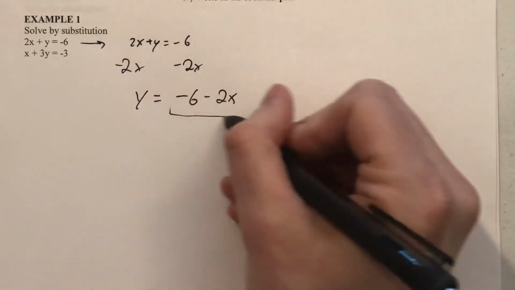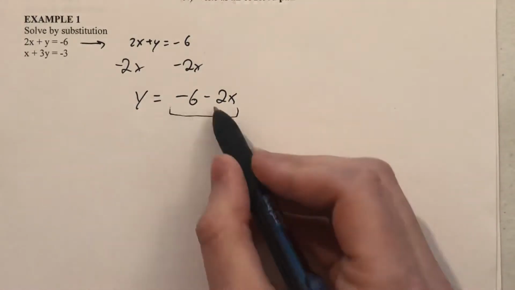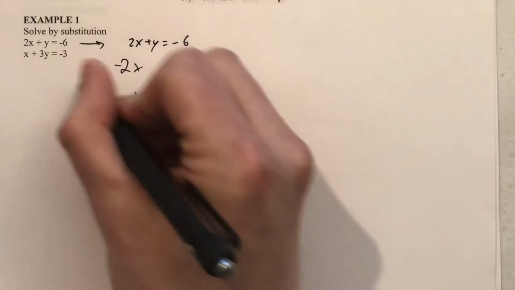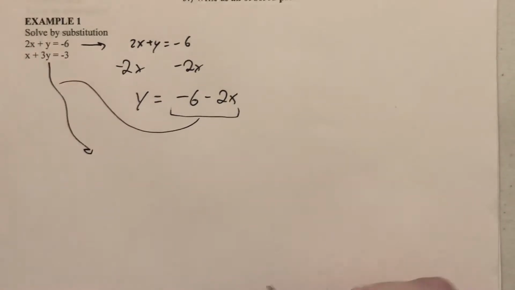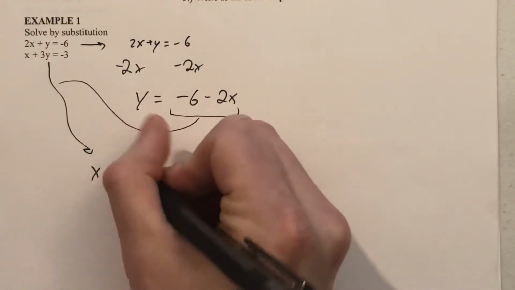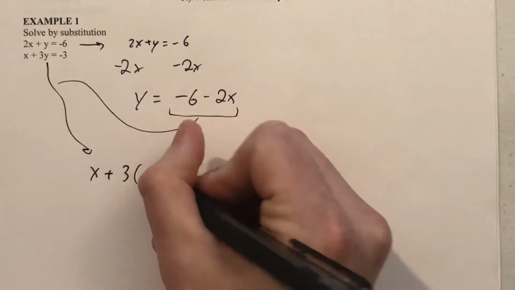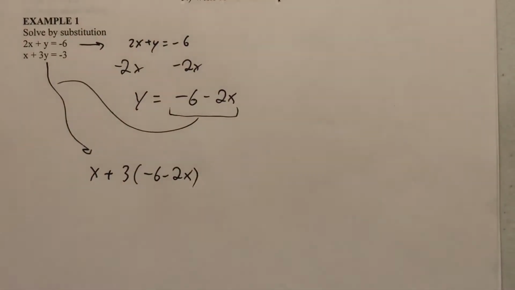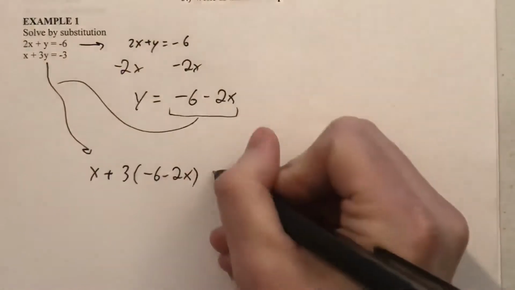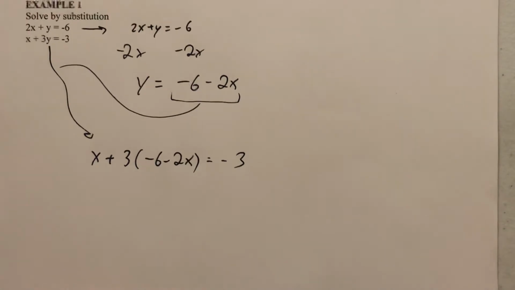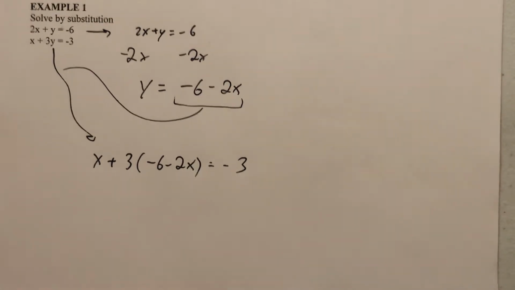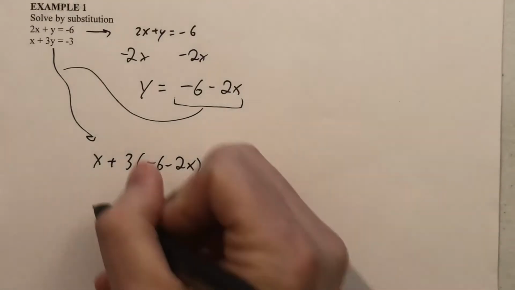So now I will take what y is equal to. y is the same as this, and I will substitute it into the other equation in place of that y. So I'll have x plus 3 times, but now instead of y, I will have all of that. And that's equal to -3. The reason we do this is because now we're going to be dealing with an equation with one variable.